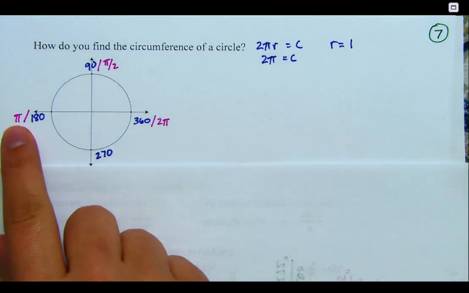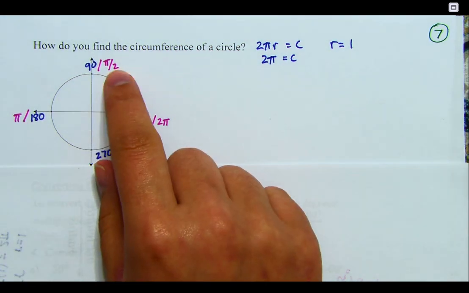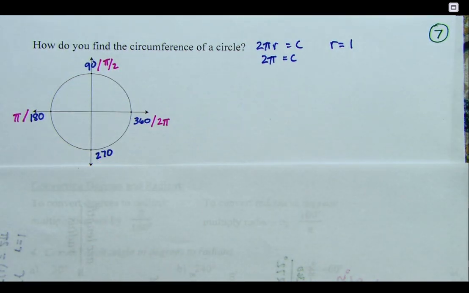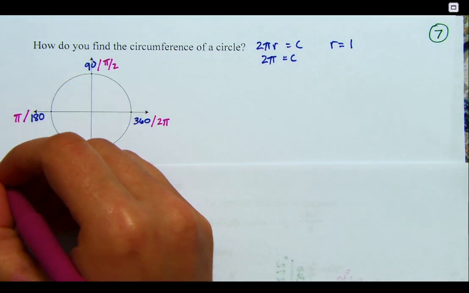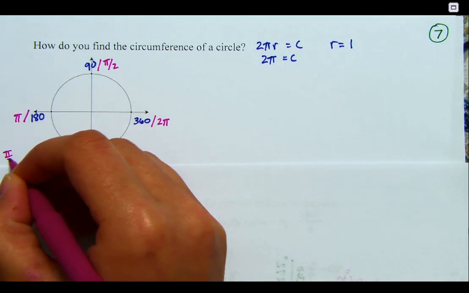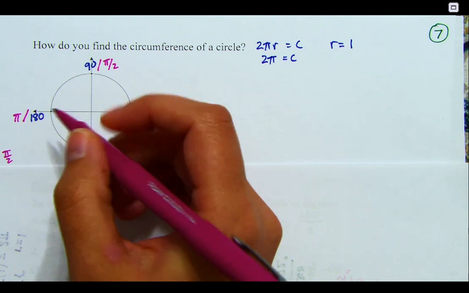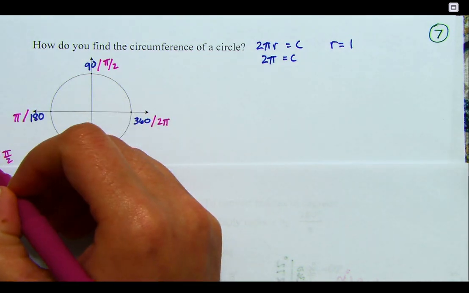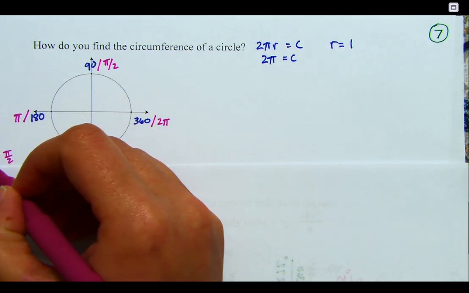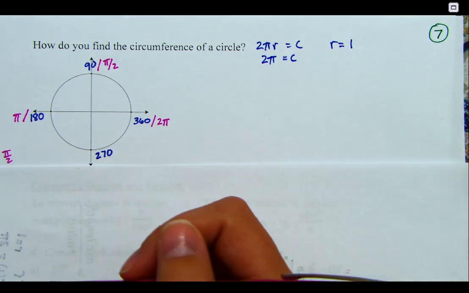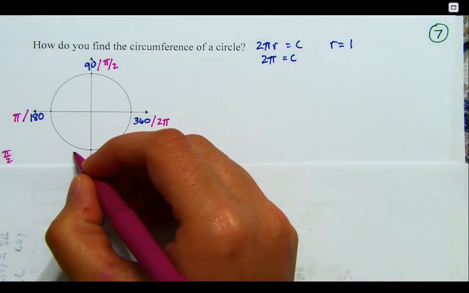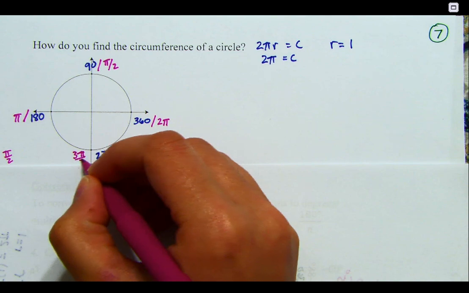So that means I would take pi plus pi over 2. Okay. So if I'm doing pi plus pi over 2, I would need a common denominator. So my common denominator would be 2. So if I think of this as 2 over 2, 2 plus 1 would give me 3. So this would be 3 pi over 2.